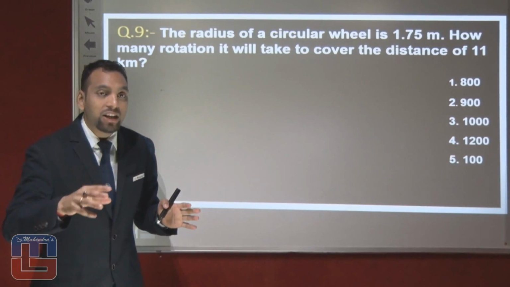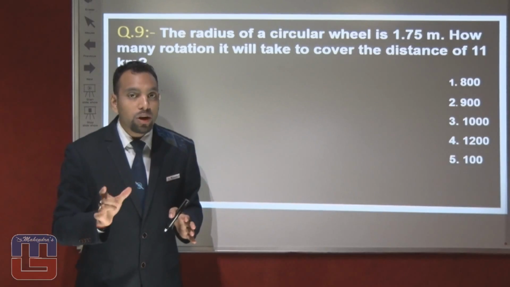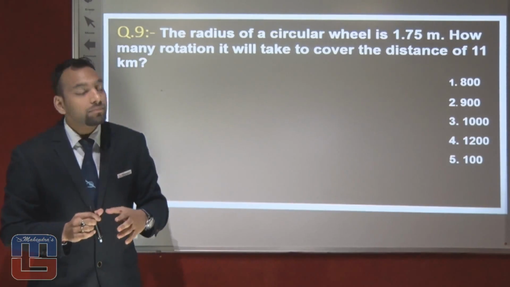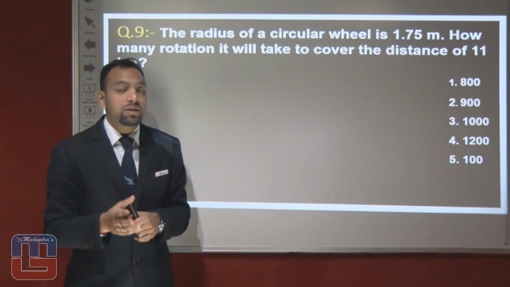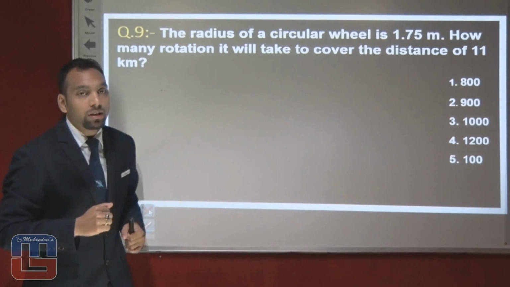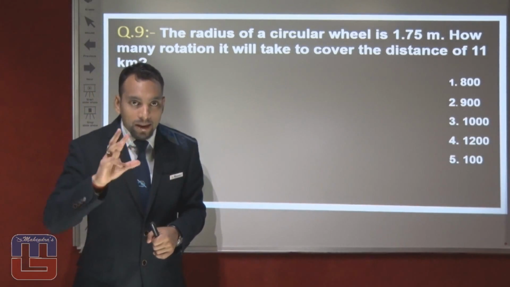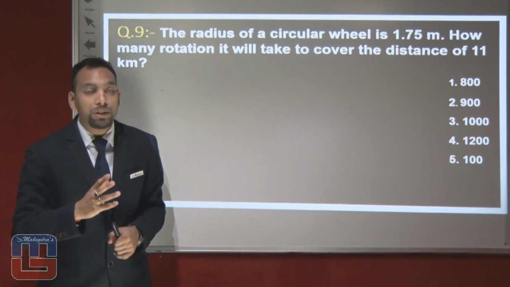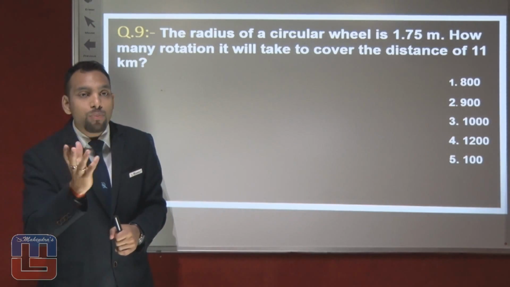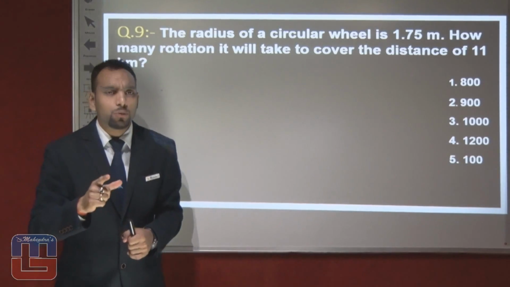What you have to do if you see this type of question: firstly read the data. The radius of a circular wheel is 1.75 meters. How many rotations will it take to cover the distance of 11 kilometers? The question is saying the radius of a circular wheel is 1.75 meters, and how many revolutions will it take to cover a distance of 11 kilometers?